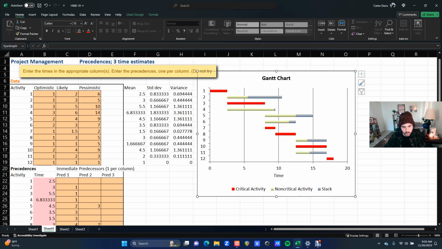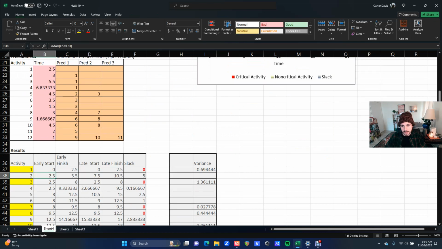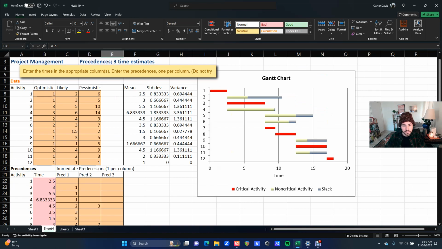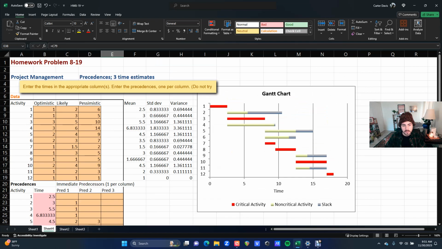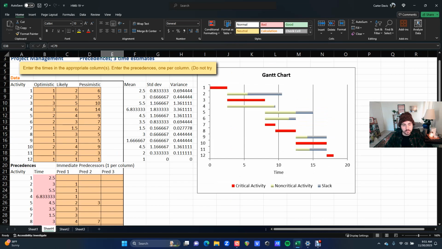So like 2 was 2.5 to 5.5, and then this was just the rest of their slack time. They could have started earliest here, finished here, but they also had this wiggle room all the way up until about 10.5, I'm assuming. Yeah, 10.5 was their latest finish for number 2.